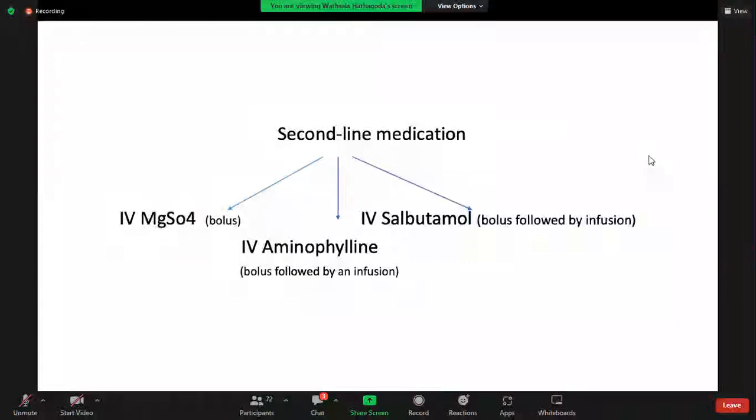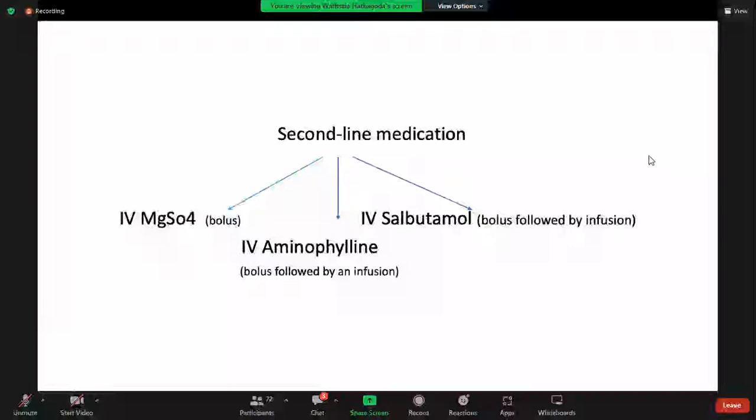And aminophylline? It causes arrhythmias. Yes, good. So it has cardiac toxicity. And what is the question you need to ask before you start giving aminophylline? Whether the child was on oral theophylline.